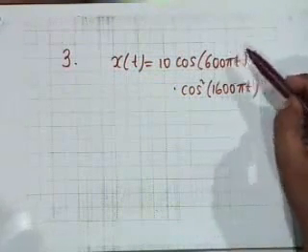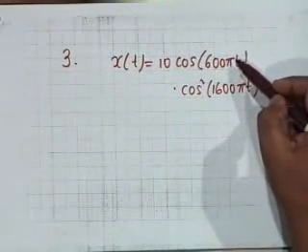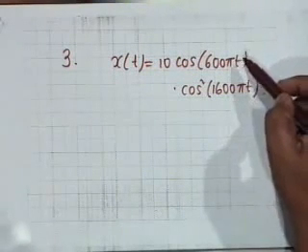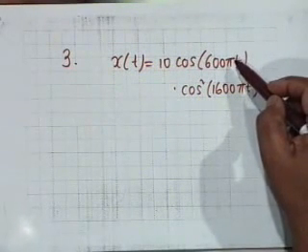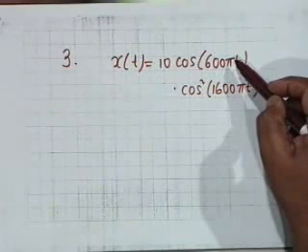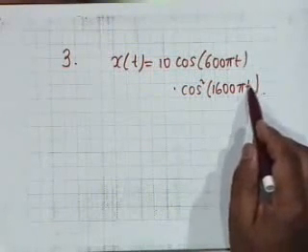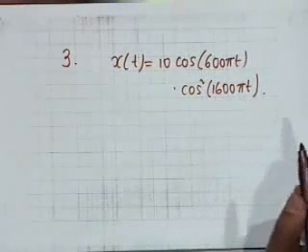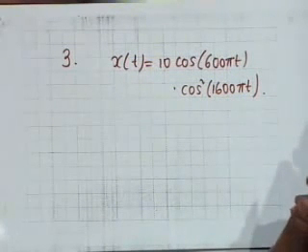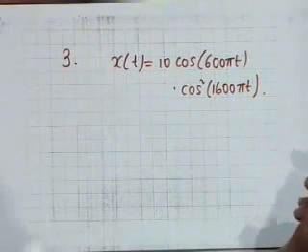Well, what is the frequency of this signal, cosine? In radians it is 600 pi, 300 hertz. That means 0.3 kilohertz. Similarly, the frequency of this is 0.8 kilohertz.